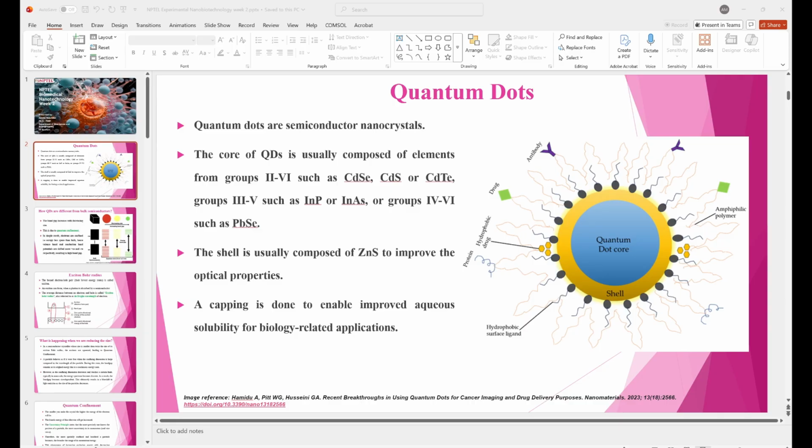Both size ranges are the same, but the difference is that quantum dots are semiconductor nanocrystals. So semiconductors means what? They are usually composed of elements from groups 2 and 6, such as cadmium and selenium, cadmium and sulfur, or cadmium and tellurium. Okay, so these are all heavy metals.